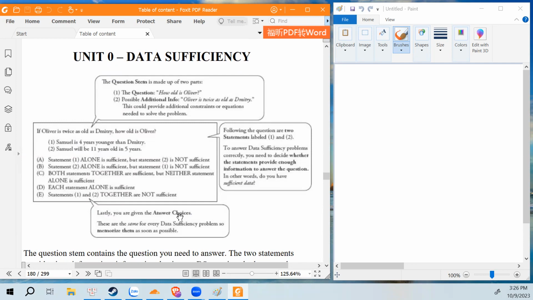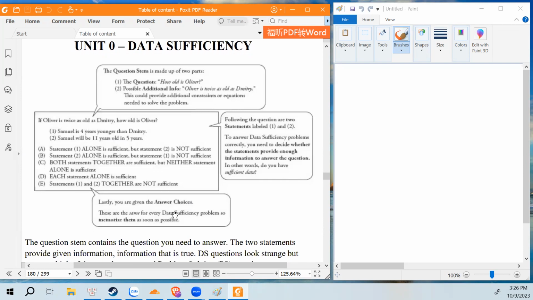But in essence, it doesn't really ask us to solve for an unknown quantity or an unknown variable. It's only asking us to evaluate information to see if we have sufficient information to answer the question at hand.